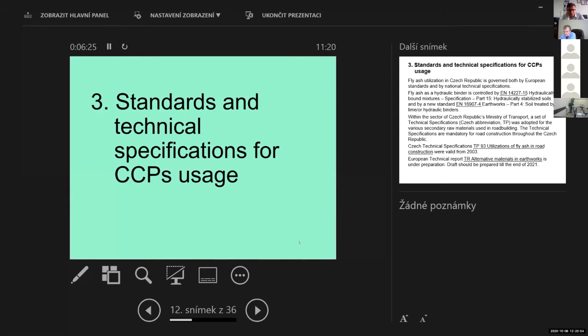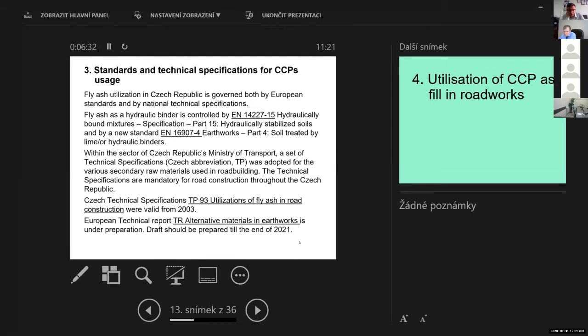Something about standards and technical specifications for coal combustion products usage. In Czech Republic, we use the European standards. For example, fly ash used as a hydraulic binder according to the European standard 14227-15.